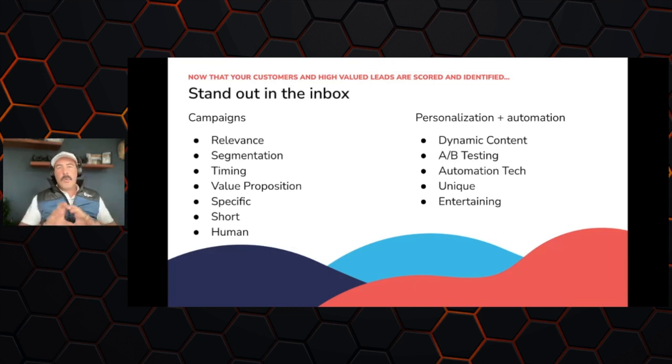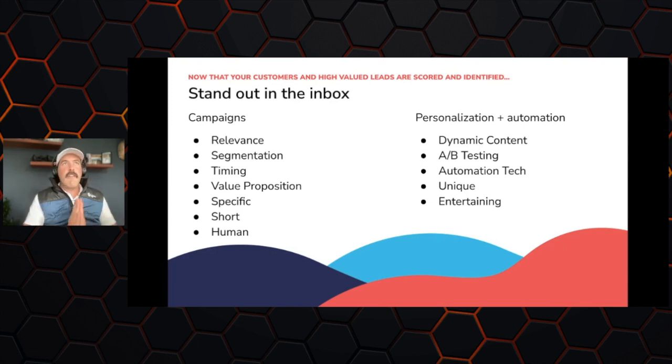A perfectly written email with really fancy words, I don't know. Even a GIF or meme I've seen be really effective in these emails. So if you can be human, if you can use the rep's personality in these emails too, I think that's all really good ammunition.